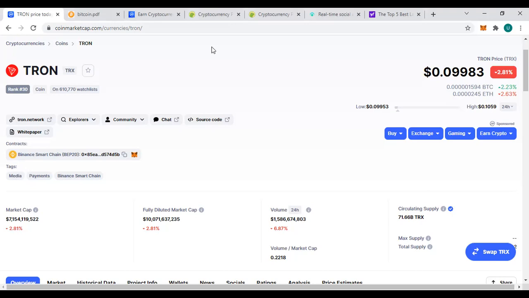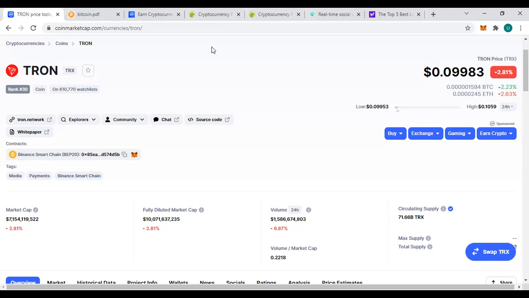Why I was also making that calculation was this. Currently, the market capitalization of Tron is $7 billion. And for Tron to get to $10, we have to have a market capitalization of $716 billion.